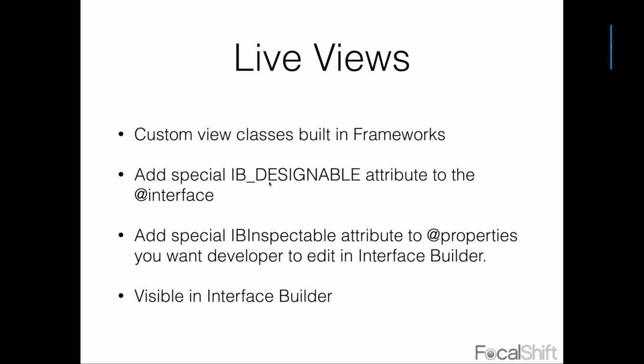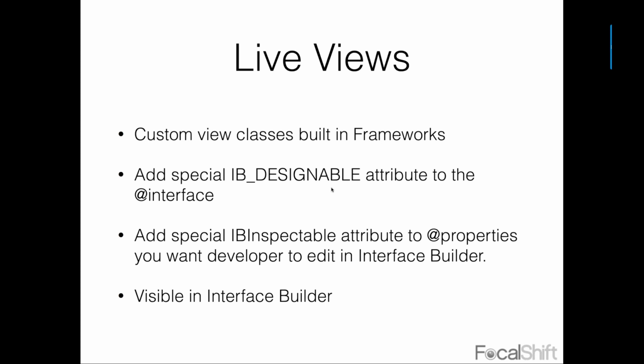There's an attribute called IB_DESIGNABLE that you would add just before the @interface in your header file if you're using Objective-C, and there's a similar notation for when you're using Swift. What that'll do is tell Xcode that this particular class is something that can be rendered at design time.